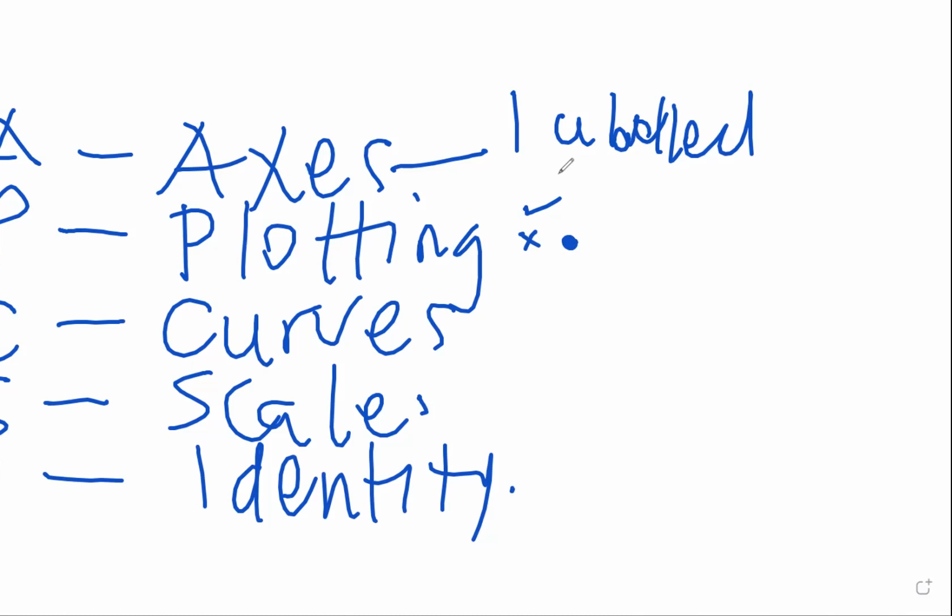Plotting is the key factor in graph work. Wrong plotting will give wrong curve and will result into wrong scaling. So make sure that your plotting is very much accurate.